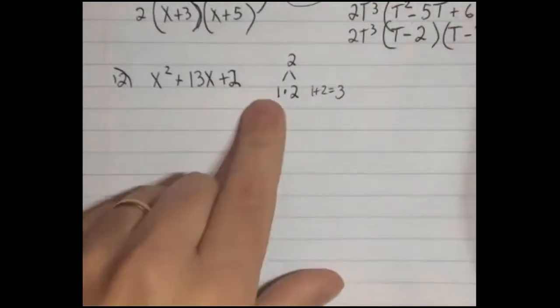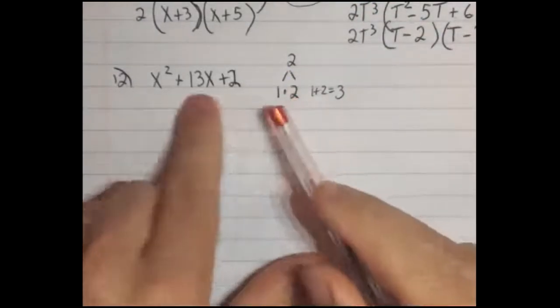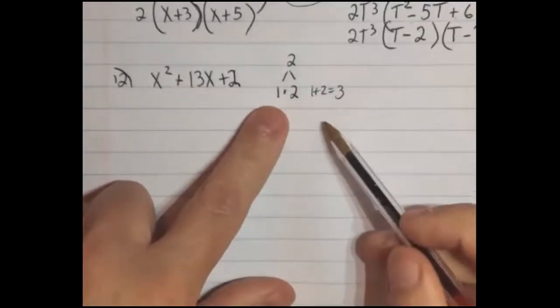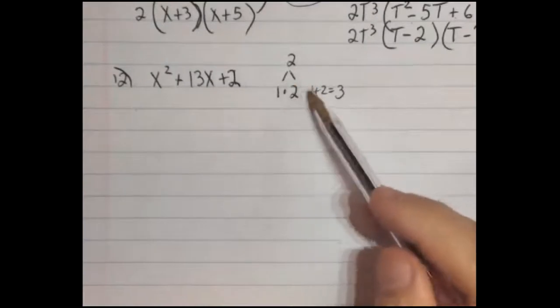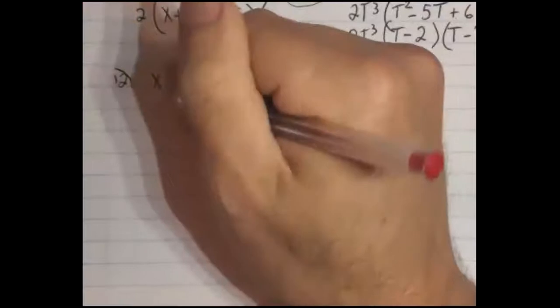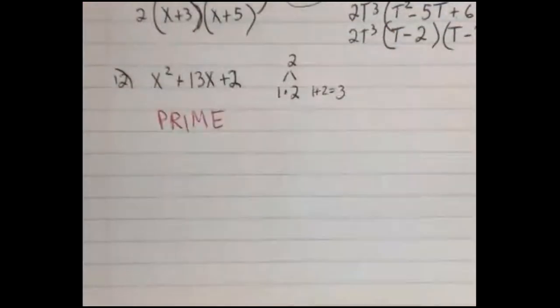We are looking for 2 numbers that will multiply to give me 2, but will add together to give me 13. There is no combination, because this is the only combination, and that gives us 3. So when you get something like this, that means it's a prime factor. That means you cannot factor that into 2 binomials. So you would say this example here is prime.